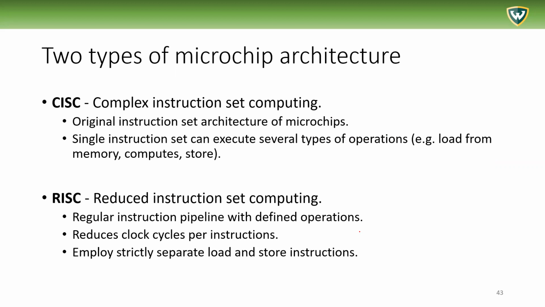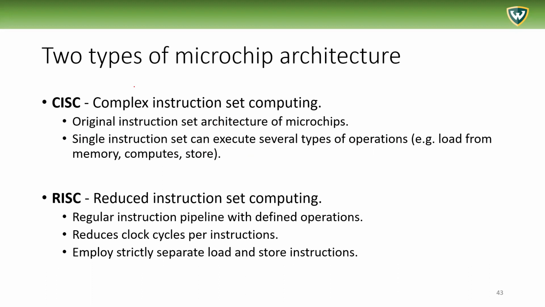There are 2 types of microchip architecture that are important to note, really 2 main defining characteristics. One is complex instruction set computing, or CISC, the original instruction set architecture of microchips. It was actually retroactively named once the following one came, because they didn't even have a difference. It was just all the same. In this model, there's a single instruction set that can execute several types of operations.